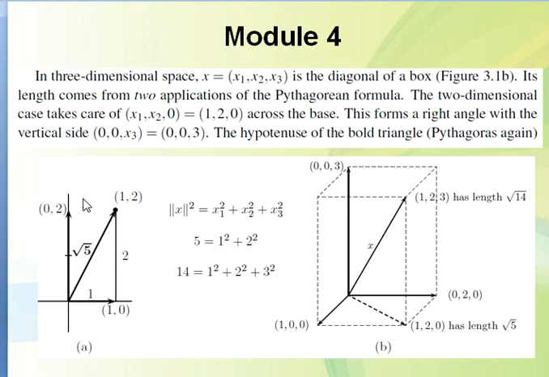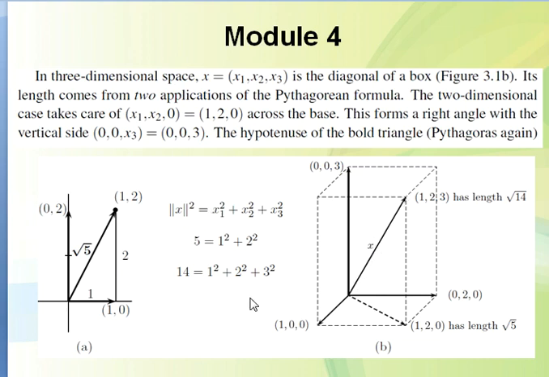In a two-dimensional system like x and y, the length is given by the hypotenuse length, which is equal to 5, that is 1 square plus 2 square. Similarly in three dimensions, it is x1 square, x2 square and x3 square, the sum of the squares.